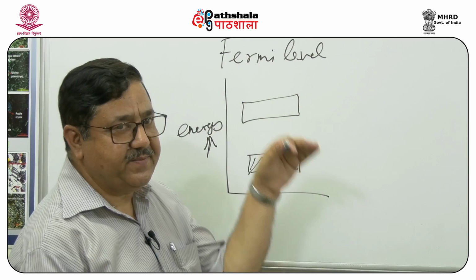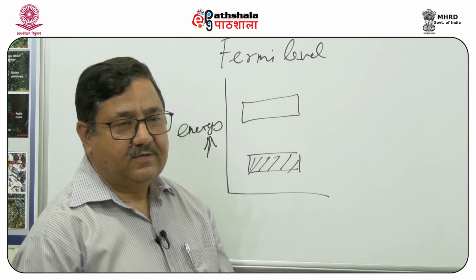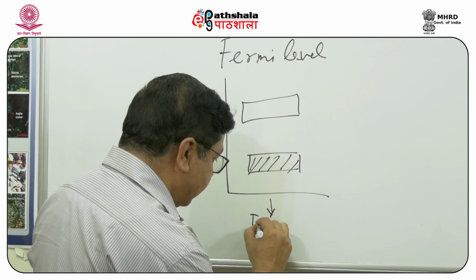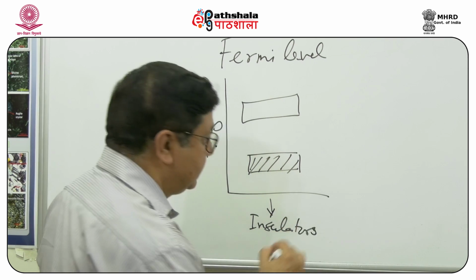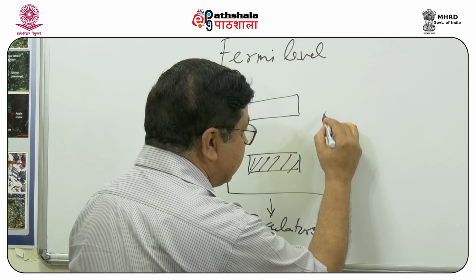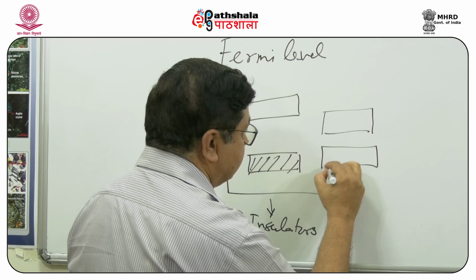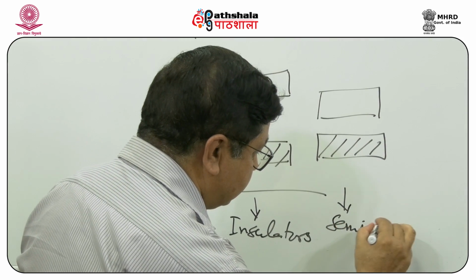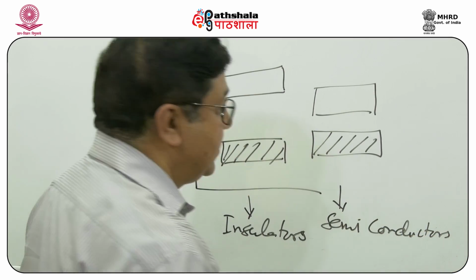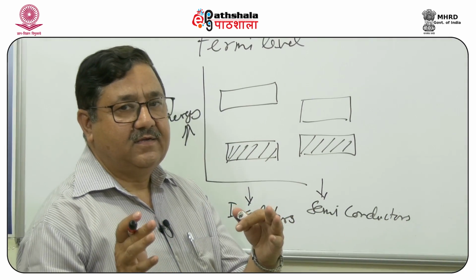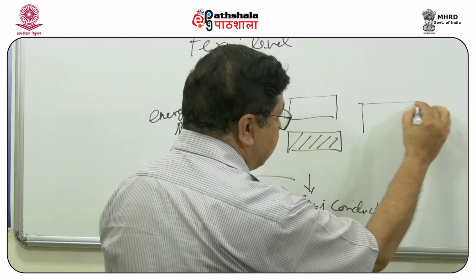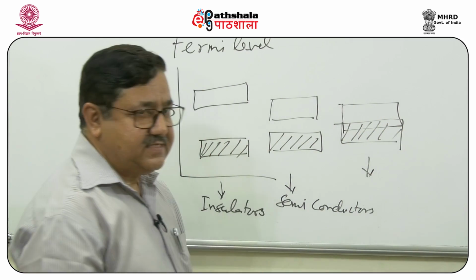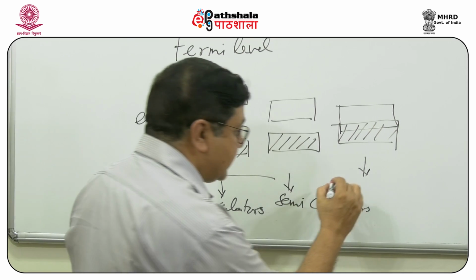So, if there is a significant separation of the energy levels between the two, the nature of the atom is such that they are insulators. If this separation is less, then they act as semiconductors, and if the valence and the conduction bands overlap partially like this, then these elements actually act as conductors.